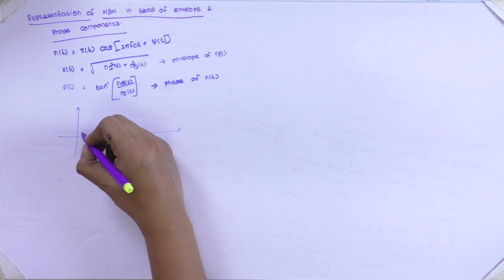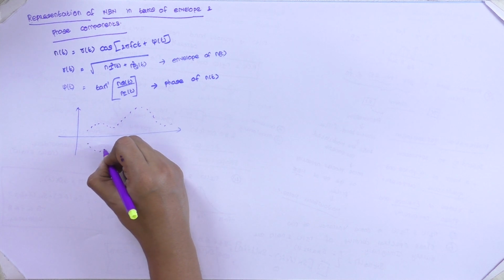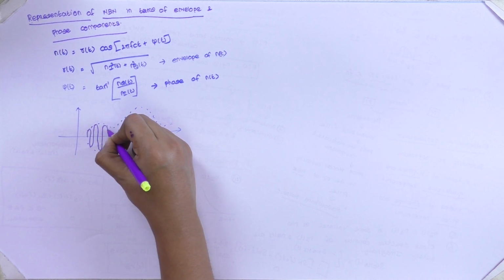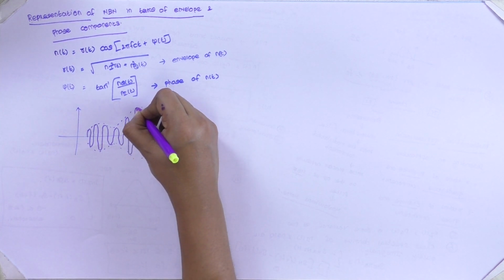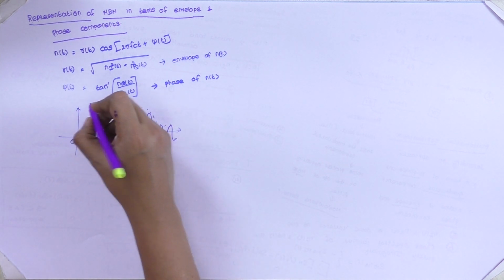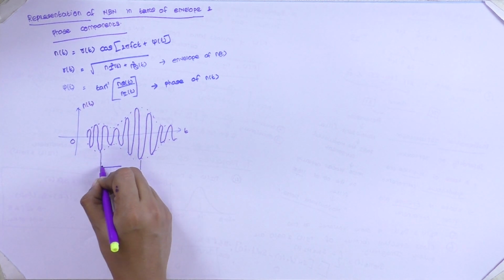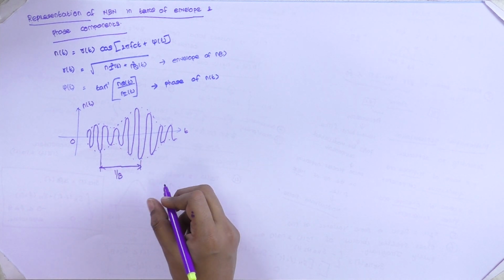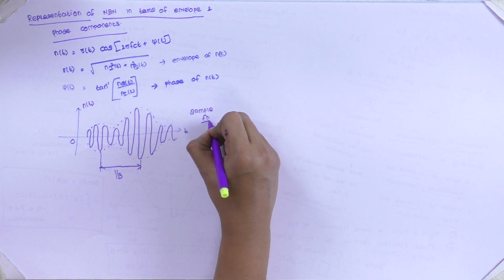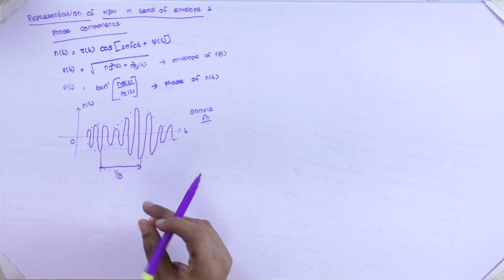The sample function of narrowband noise can be drawn as shown, which is the sample function for narrowband noise. R(t) and ψ(t) are both sample functions of a low pass random noise.